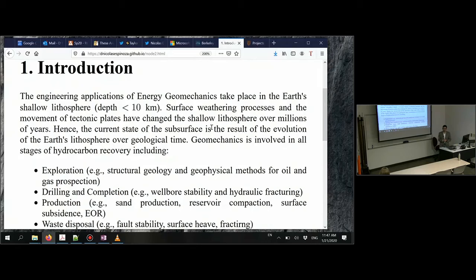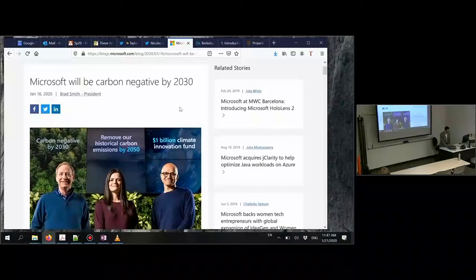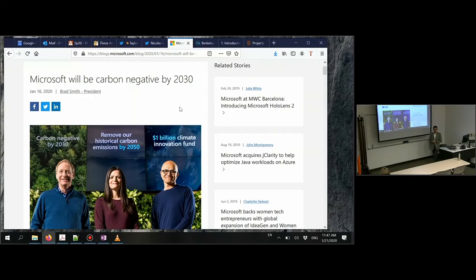And one of the ways of mitigating the impact of emissions into the atmosphere is to capture some of that carbon dioxide and inject it in the underground. Did you guys hear about this recent news from Microsoft that said it's going to be carbon negative by 10 years from now? So basically what they're going to do is they're going to invest in technologies that capture carbon dioxide and that store it.